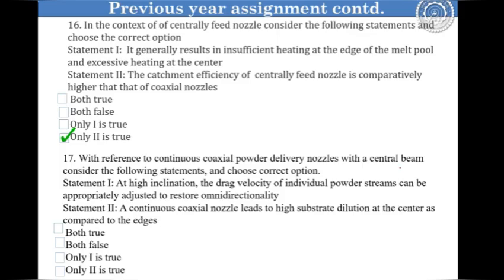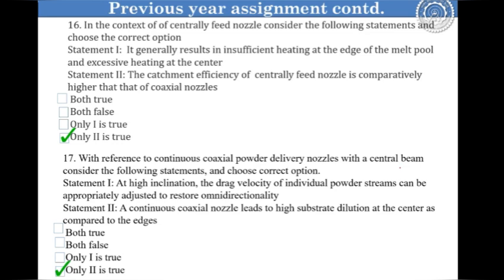With reference to continuous coaxial powder delivery nozzle with a central beam, consider the two statements. At higher inclination, the drag velocity of individual powder stream can be appropriately adjusted to restore omnidirectionality. It is not true in this respect.